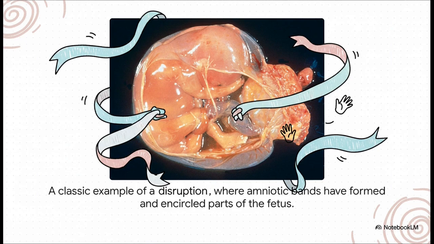What you are seeing are amniotic bands. Basically, the inner membrane of the amniotic sac can tear, creating these fibrous strands that float around and can wrap around a limb, or a finger, or a toe. They act just like a rubber band, cutting off blood supply and stopping normal growth. They can even cause amputations in the womb. A totally normal limb, its development was literally disrupted from the outside.